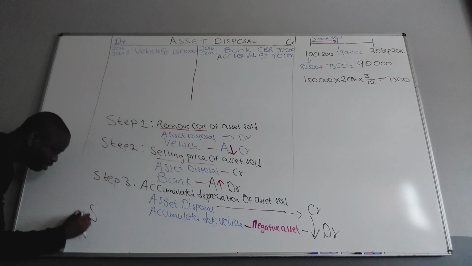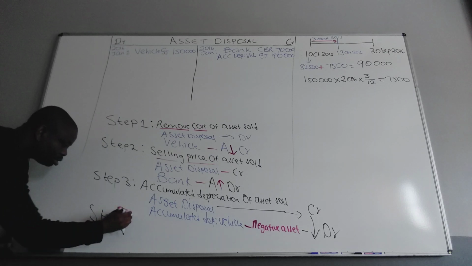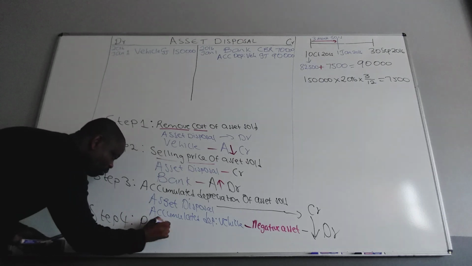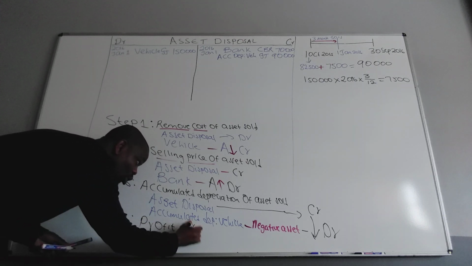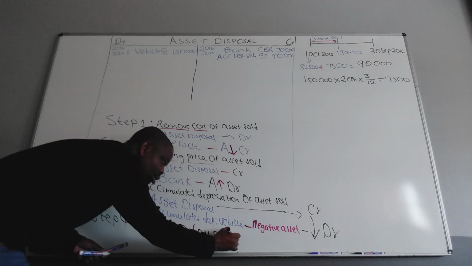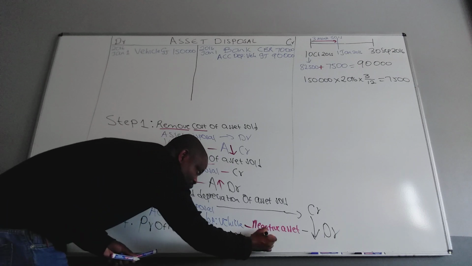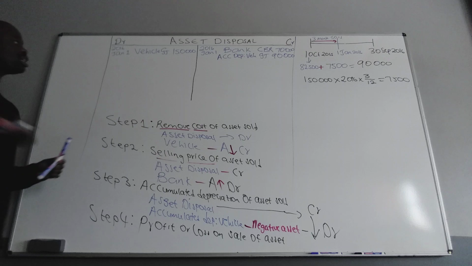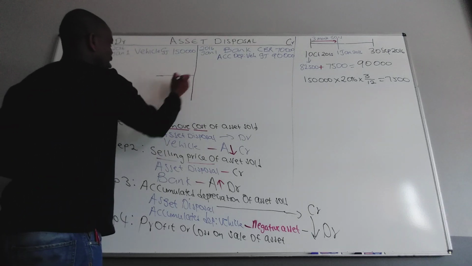Okay, step number 4, profit or loss on sale of assets. You just have to check, but we can only know that by balancing this.